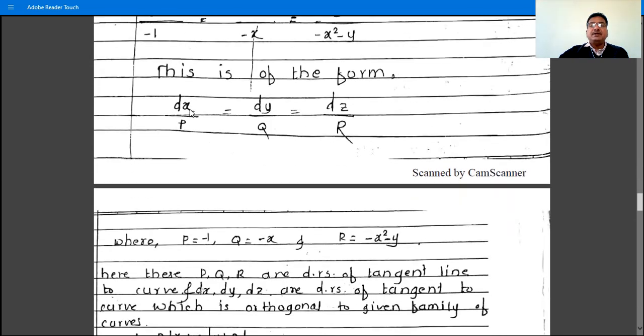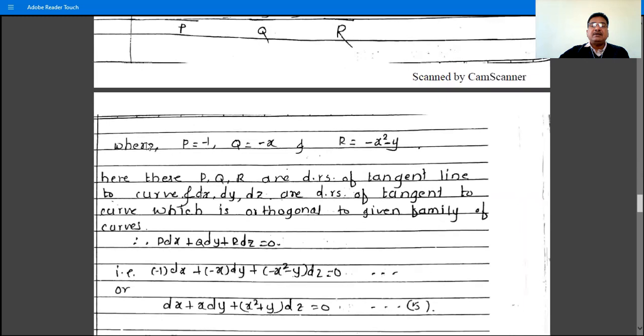This is of the form dx/p = dy/q = dz/r, where p is −1, q is −x, and r is −x² − y.